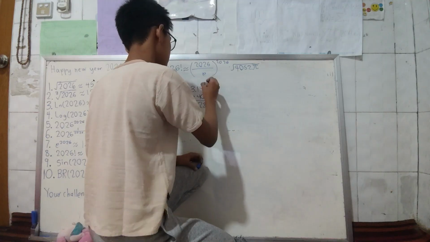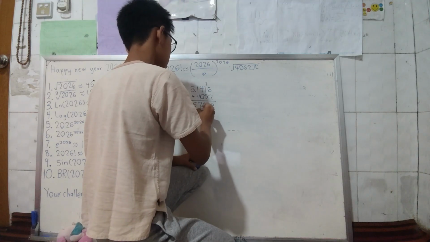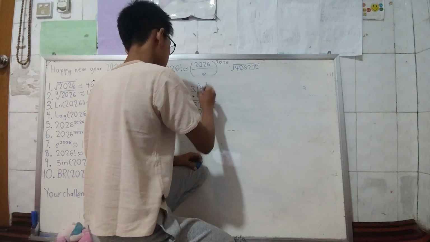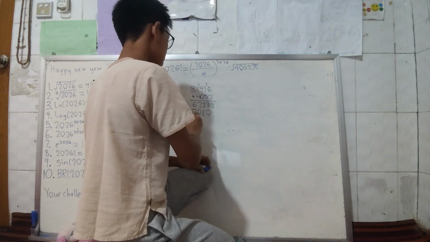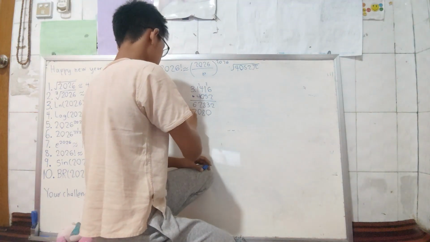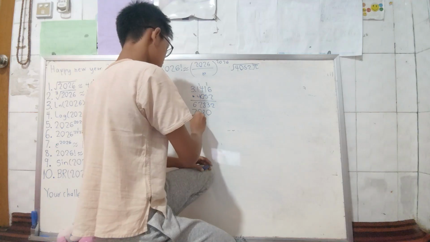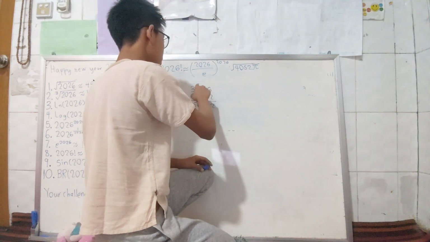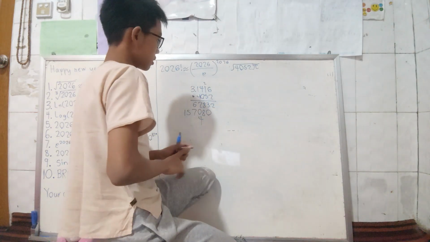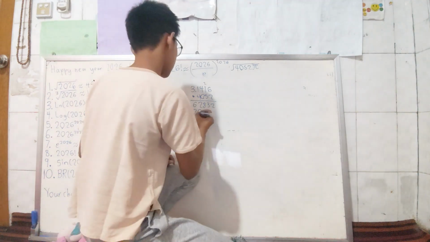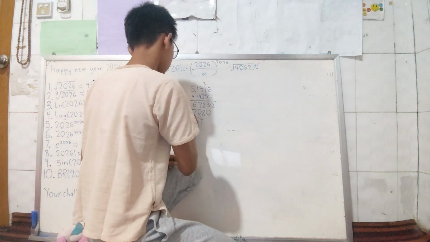62832, 38, 27, 15, 24, and that's going to be 6. It's going to be 56.